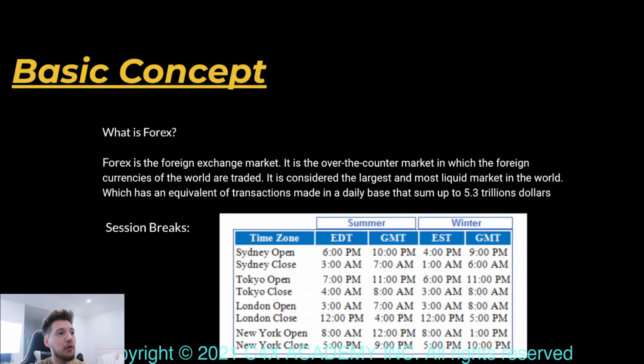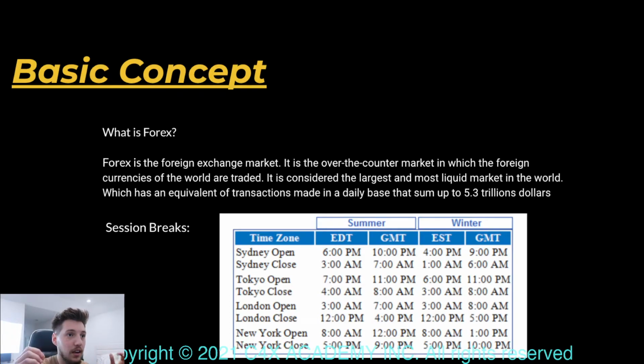Now, Forex is the foreign exchange market. It is the over the counter market in which the foreign currencies of the world are traded, meaning that all the currencies in the world are trading within the foreign exchange market. It is considered the largest and most liquid market in the world. It's bigger than stocks. It's bigger than investments.